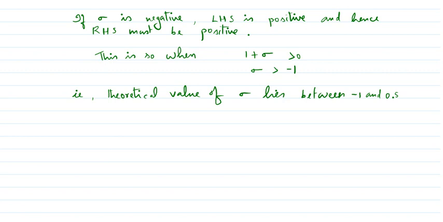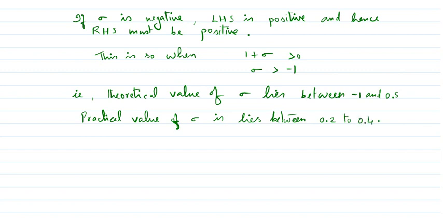So the practical value of sigma lies between 0.2 and 0.4. This is the theoretical range, minus 1 to 0.5.